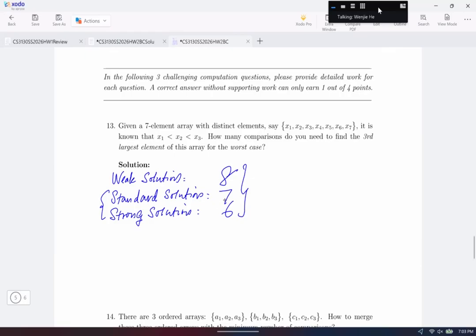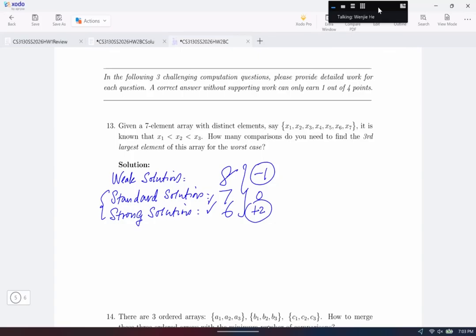But if I read your solution details carefully and both are correct, for the weak solution, -1 point. The standard solution gets zero, the full credit. But the strong solution, if correct, +2, 2 bonus points.